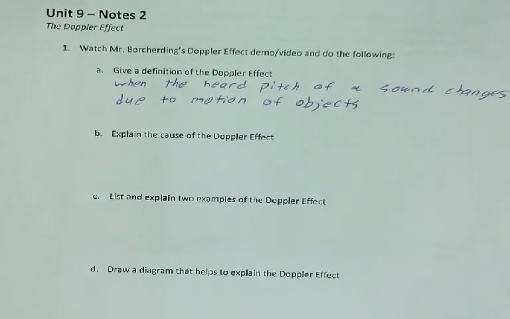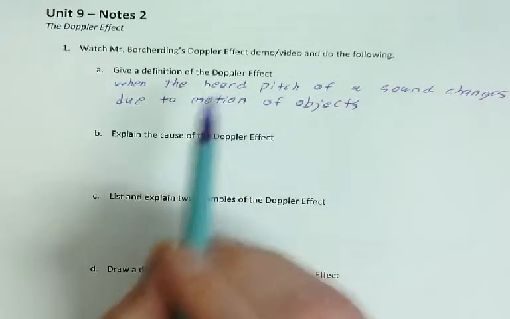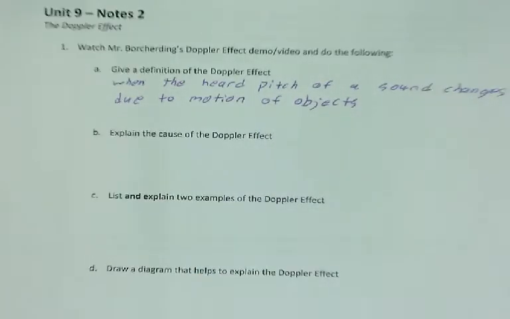When objects are moving, there's a change in the sound that you're going to hear. Notice I said it's a change in the sound that you hear, not the change in the sound that's made. The same sound is made, but what you hear is not going to be the same.